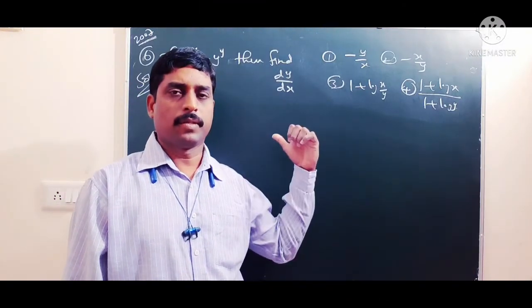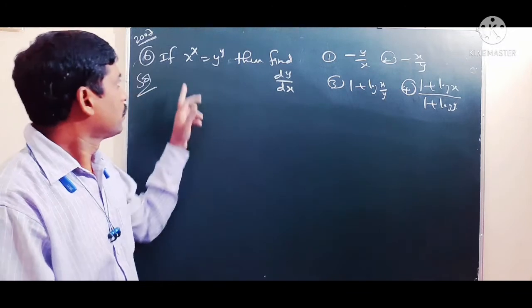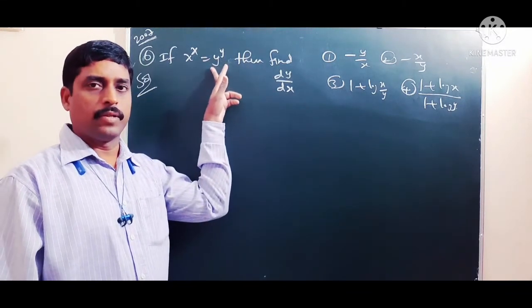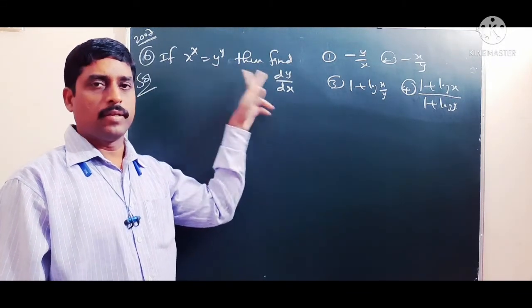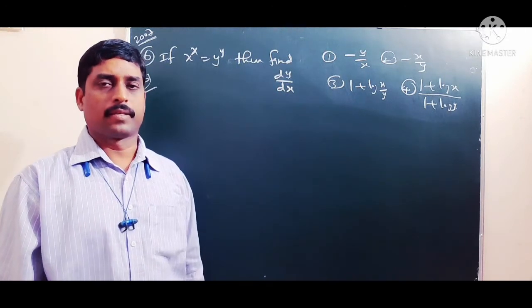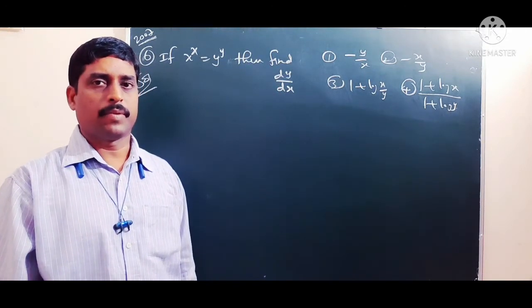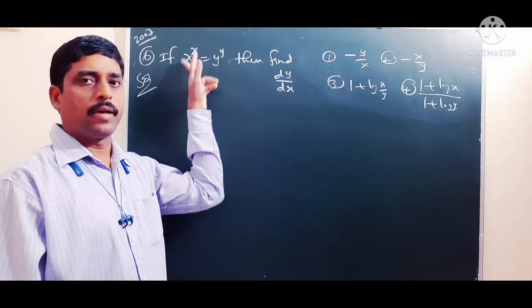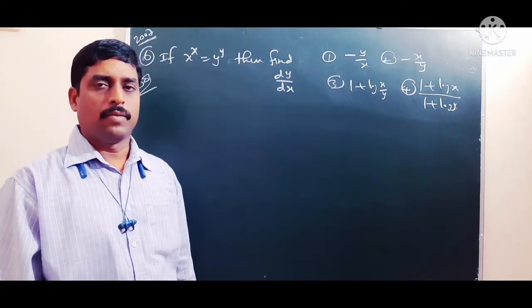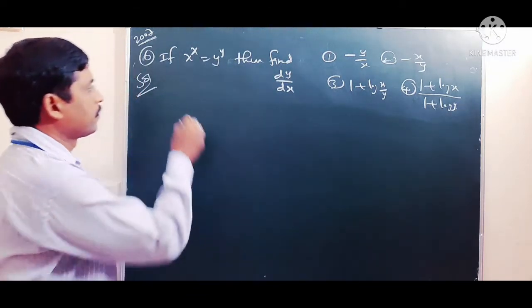Okay, look at the next question. This is from 2007. x to the power x is equal to y to the power y. This condition is given. We have to find dy by dx. How can we solve this problem? This is in the form of variable power variable. Okay, now taking logarithm on both sides.